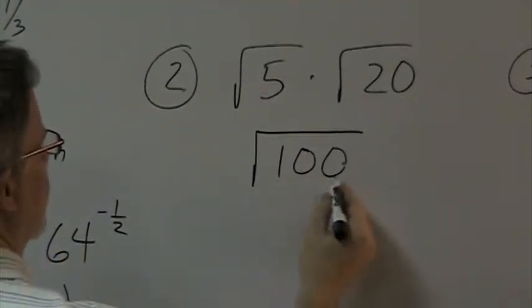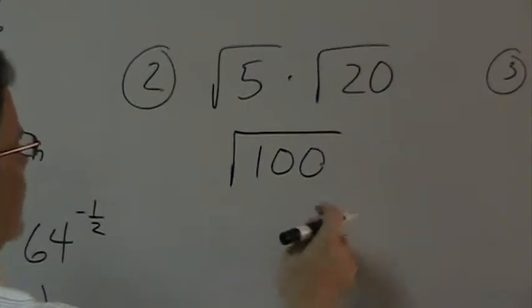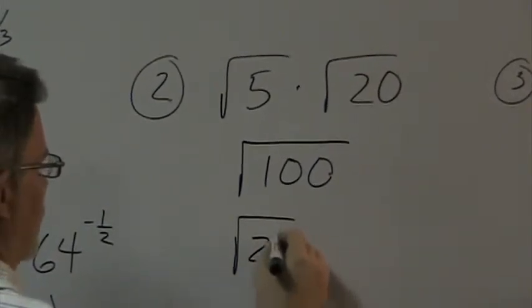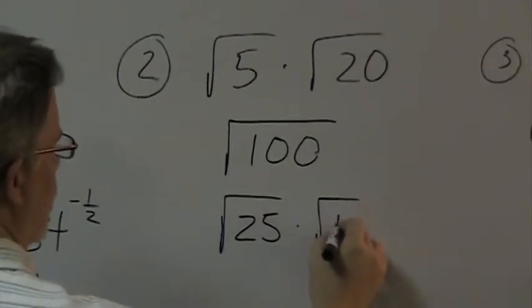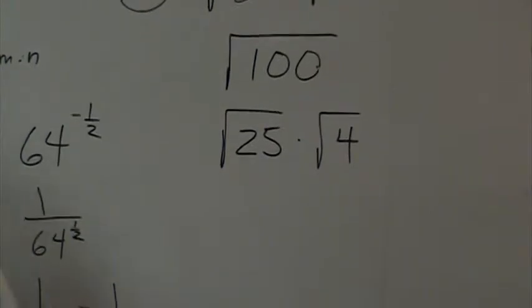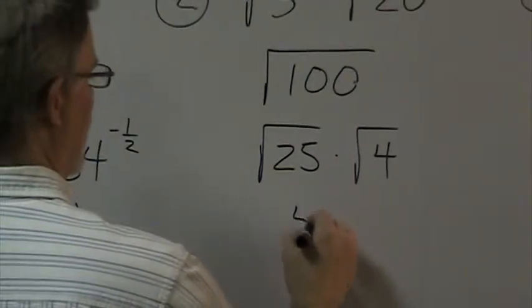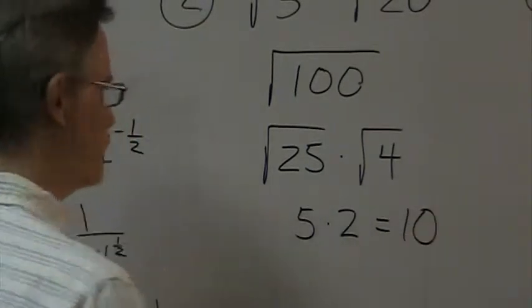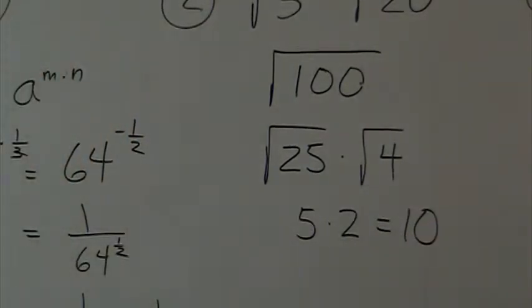We know that 100 is the same thing as 25 times 4, so we can rewrite this as the square root of 25 times the square root of 4. And what you'll get is 5 times 2, which equals 10. So the answer to that is 10.